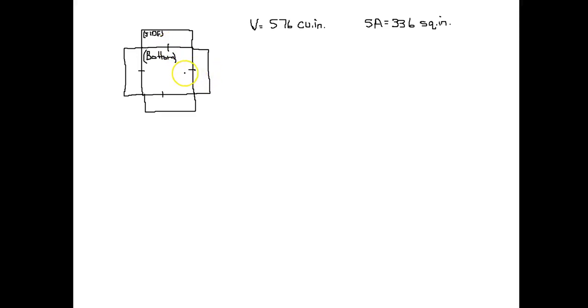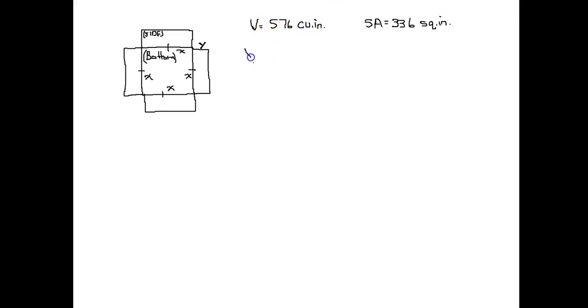Now the bottom is a square, so let's go ahead and just use X for the side of the square. And then the height, we don't know what it is, let's use a Y for that.